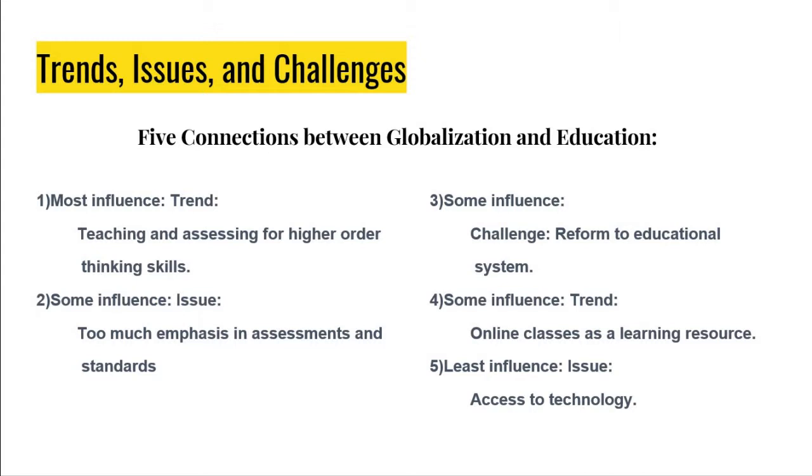Too much is placed on that. Some influence, challenge: reform to educational system. Another some influence, trend: online classes as a learning resource. And the least influence, which can be an issue, is access to technology.